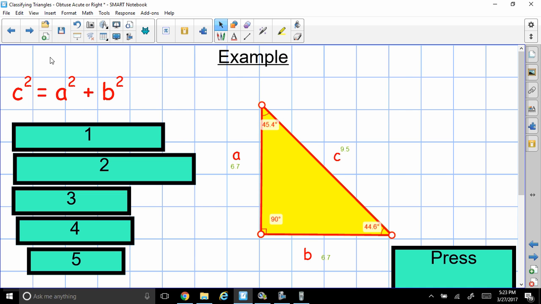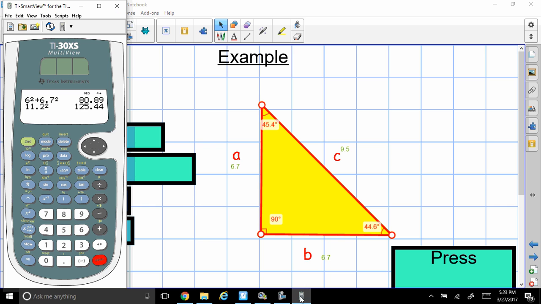Now this one, what kind of triangle do you think it is? Here you have 6.7 squared, 6.7 squared, and you have 9.5. So let's get our calculator in this. And let's use our Pythagorean theorem to see which is going to be greater.